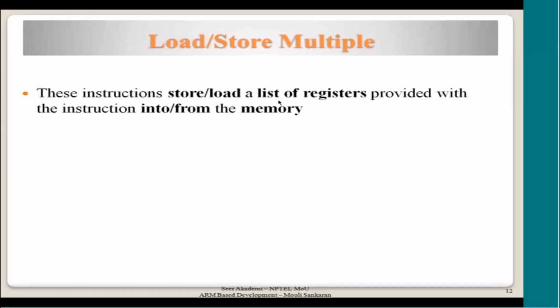So it is like you want to initialize a set of registers together in one single memory cycle. That means when I say one single memory cycle, it will involve multiple cycles, but it's all done together, one after the other. So the processor supports that kind of operation with load and store multiple.